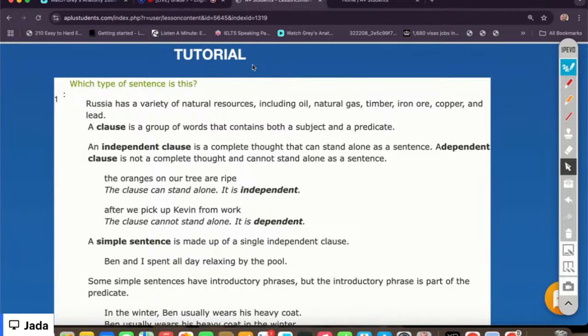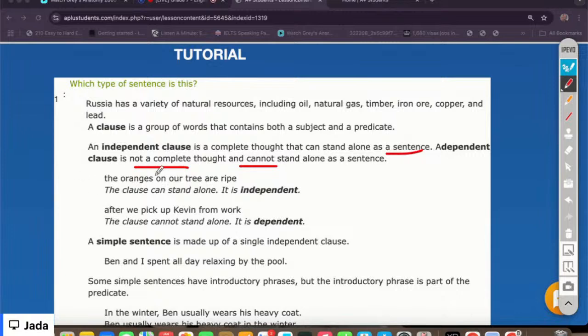And then we have independent and dependent clauses. The independent clause is a complete thought. It can stand alone, just like we said earlier. And the dependent clause is not a complete thought and cannot stand alone as a sentence. So remember that dependent cannot stand alone.